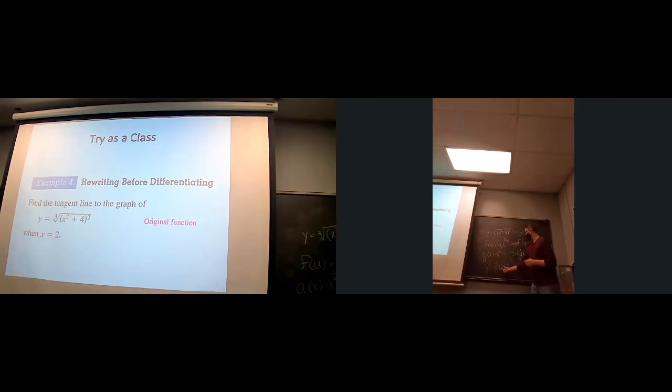Plugging in 2 here, we're going to get 4. So this is 8 to the negative 1/3 power times 2 over 3 times 4, right? I'm not doing this in my head. I'm just going to write it all out.